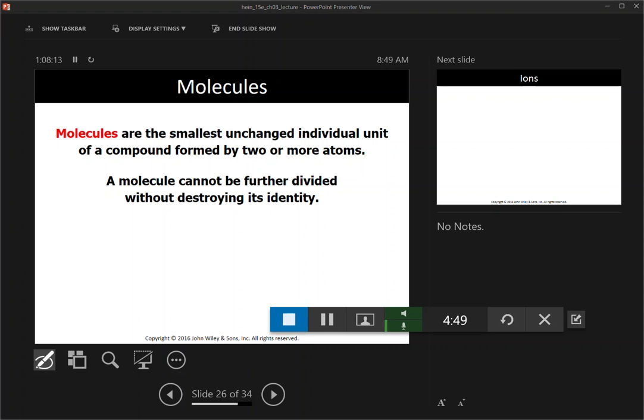If you break a molecule, you change the identity of that compound. As soon as, for example, a water molecule is broken into hydrogen and oxygen, you don't have water anymore. You have hydrogen gas and oxygen gas. So once elements are combined to form molecules, if those molecules are broken, their identity changes. Molecules are the fundamental units of compounds.